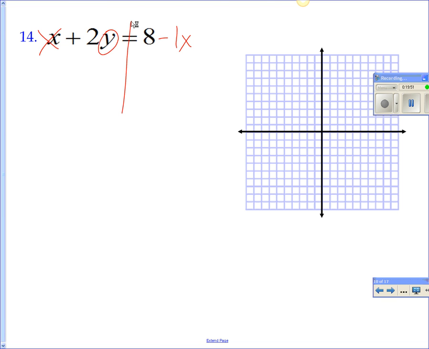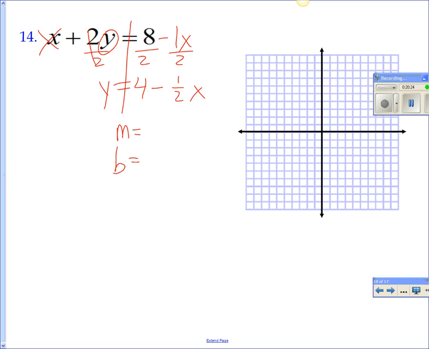And Andrew, what do you have to do next? Very good. So y equals, Odin, what would my y equals be? Very good. 4 minus 1/2 x.